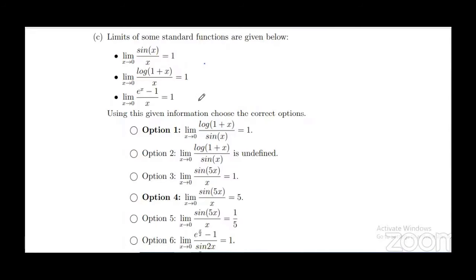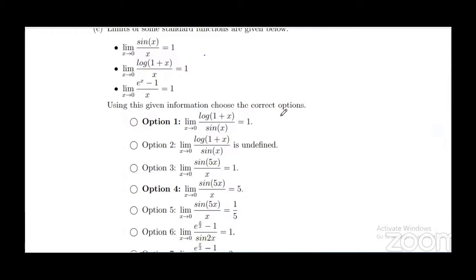If these are given, you can use the properties of convergent sequences and evaluate these options. So here the first one is log(1 plus x) and sin x. We have a term from this second sequence and a term from the first one. So what we can do is try to connect those two.